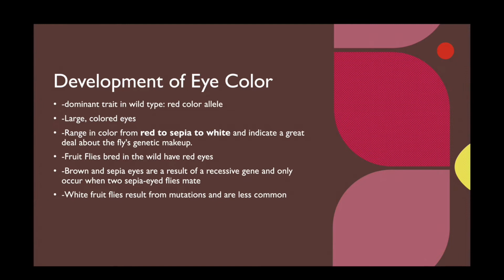So fruit flies bred in the wild typically have red eyes, but brown and sepia eyes are more of a result of a recessive gene that occurs when 2 sepia-eyed flies mate. And then white fruit flies are usually less common, and they typically only occur from mutations.